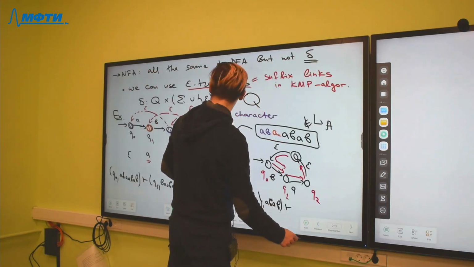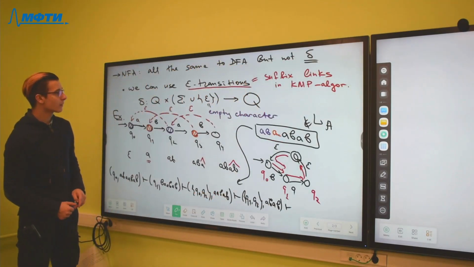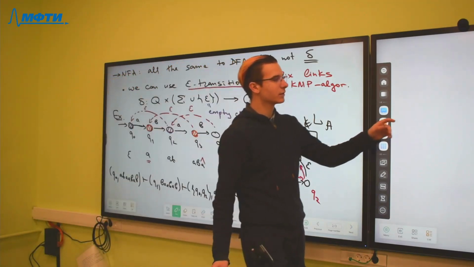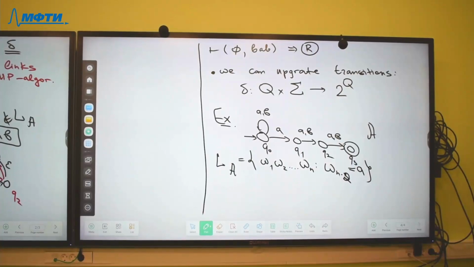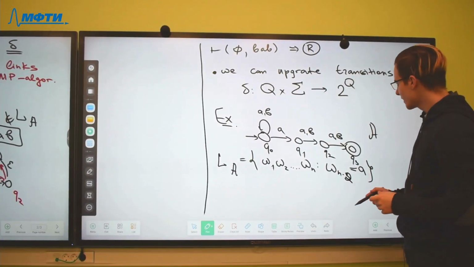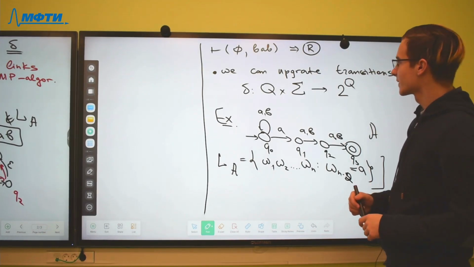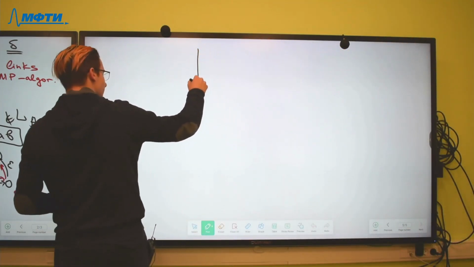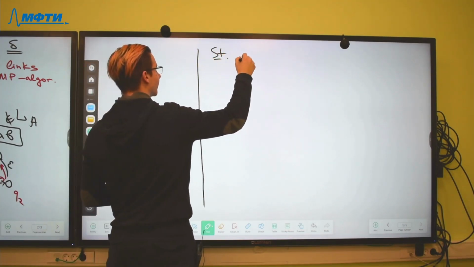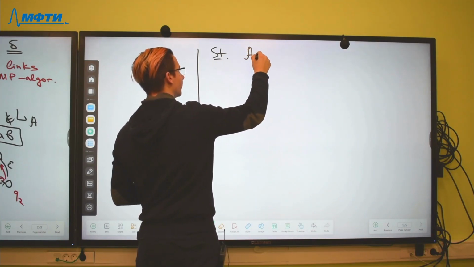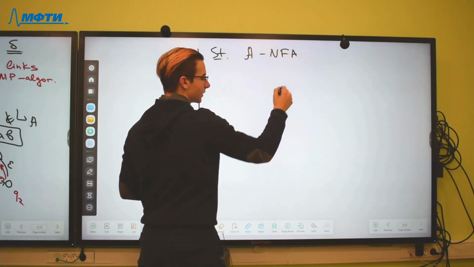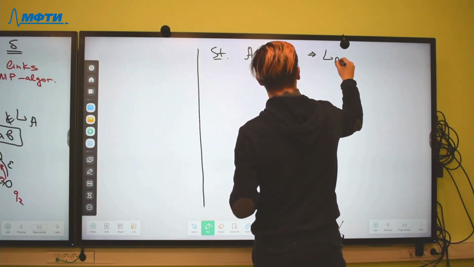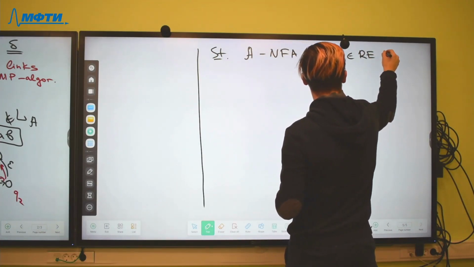And interestingly, if we use epsilon transitions or such a transition function, structurally we cannot get something new, because of the statement that if we have a non-deterministic finite automaton, then the language of it is regular too.